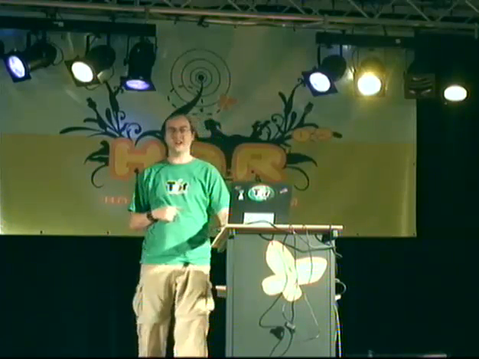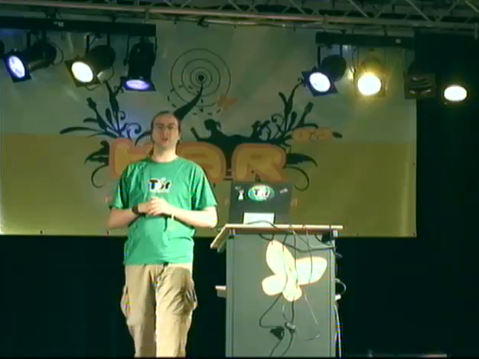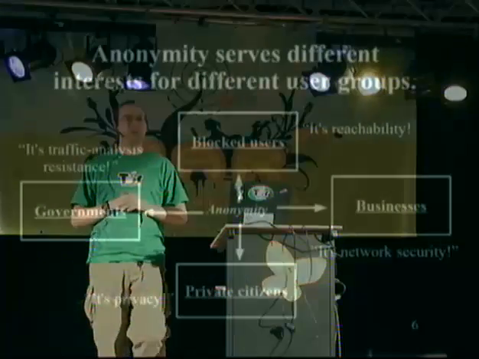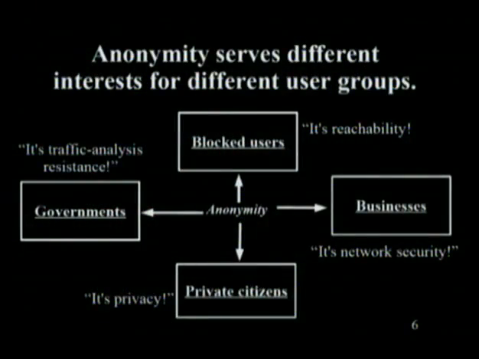And then there's a fourth category that we've been learning about recently, which is the reachability side, the blocked users: people in Iran or China or Thailand, or the list goes on and on these days of different countries that are blocking various pieces of the internet.